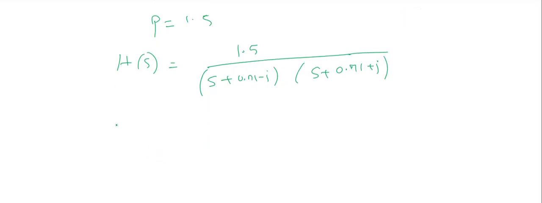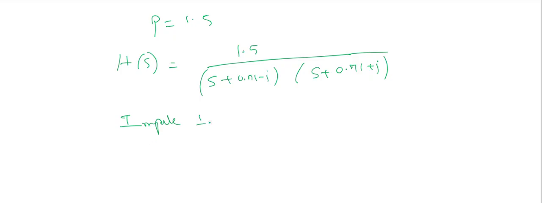Use the impulse invariant method. Once we know the Butterworth poles, due to the geometric relationship between the Butterworth and Chebyshev filters, we can translate the Butterworth poles into the Chebyshev poles. Then you can write the transfer function as 1.5 by s plus C1 and s plus C2.